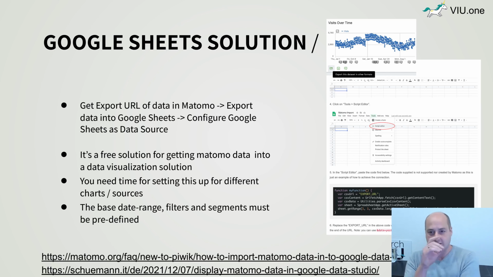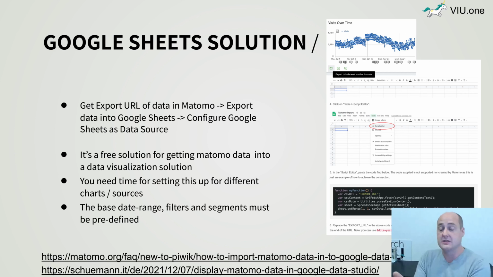So, to get data into a solution, Google Data Studio is mentioned here, but in most cases other solutions are also connected to Google Sheets, so it could work for other data visualization tools too.